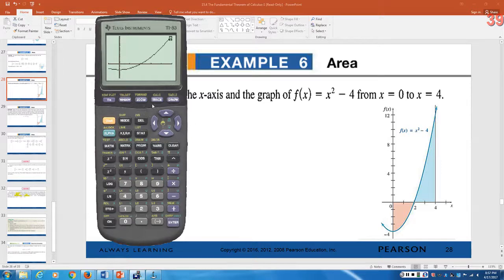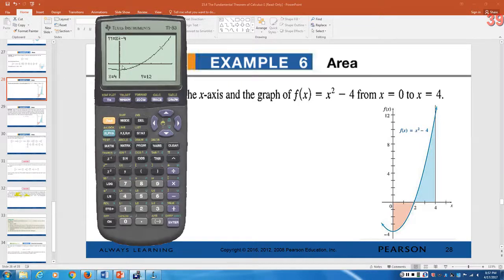So at x equals 4, just so I can see where it is, that's right there. So the area is from here back to here, and this little area here, and this is going to be negative.